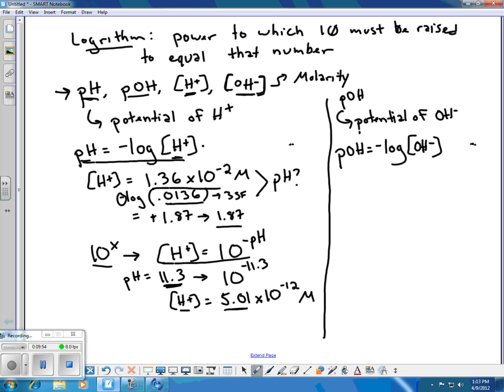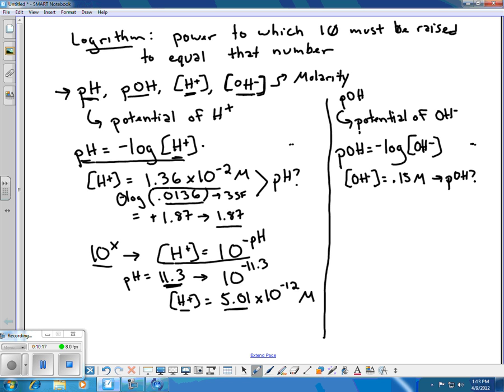So again, let's try a practice problem just to make sure that we got it here. Let's say I give you a hydroxide concentration of, let's make it pretty big again, because we'll be talking about something that's very basic, let's say 0.15 molarity. And I said, okay, what's the pOH value?